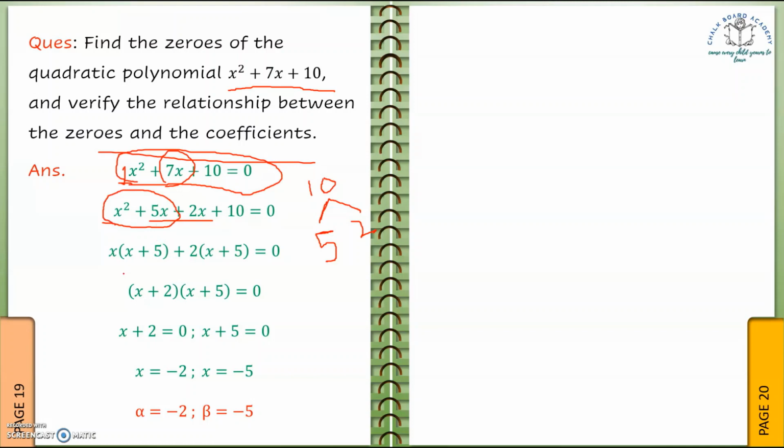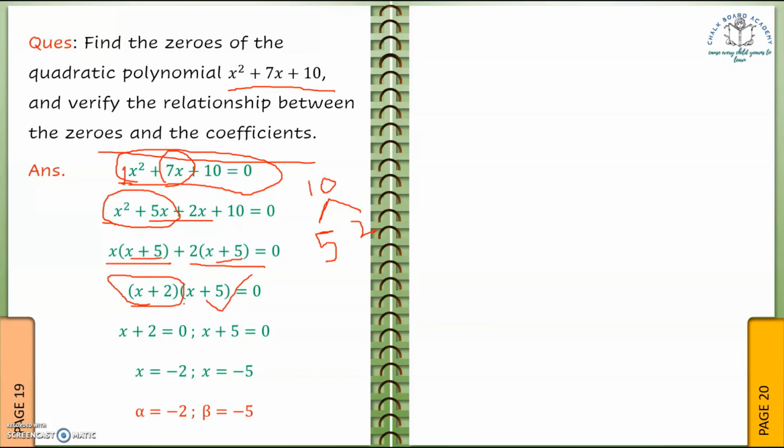Here we only get x as a common term, so we have taken x as common, and then within the bracket we get x plus 5. Now from 2x plus 10 we can take 2 as common, and then again we get x plus 5. Now we have two terms, x plus 5 and 2 into x plus 5. In both terms we get x plus 5 as the common thing, so again we have taken it as common, so the remainder here is x plus 2.